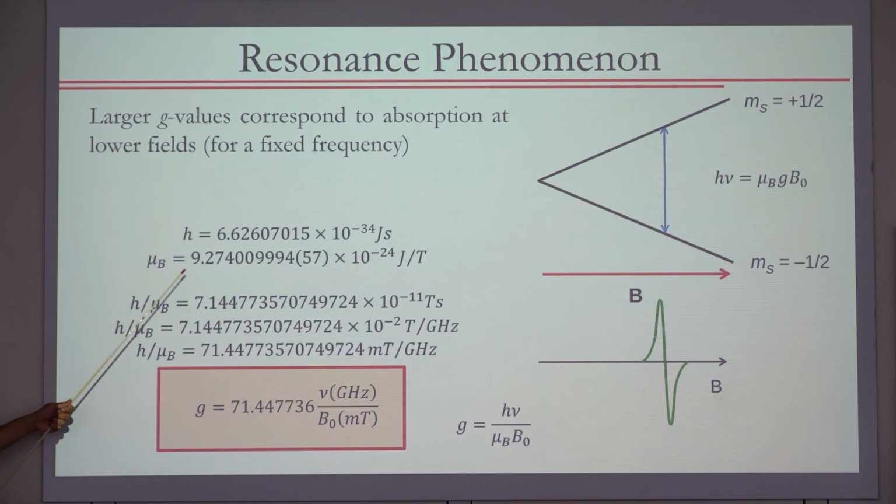These are all different units and numbers for the different constants that appear, and you can use this formula if you use the frequency in gigahertz and the magnetic field in millitesla to calculate the g value. This is already done by the programs: you just pick the g scale and it will do this transformation. But this is an inverse scale, so larger fields in that direction mean lower g values.